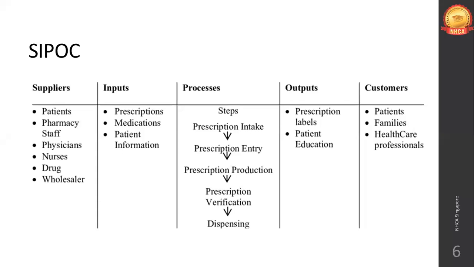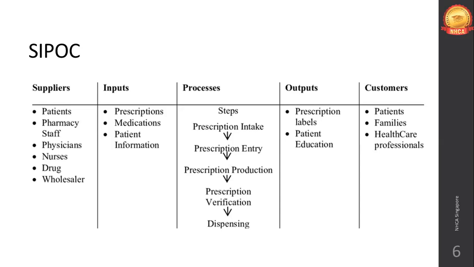Processes: there are 1,000 processes in the hospital, such as admission, discharge, LAMA, and the laboratory reporting process. There are different processes in the hospital, and all those processes will come under the process column of the chart. Output is the patient education, patient morbidity rate, mortality rate, and prognosis of the patient.